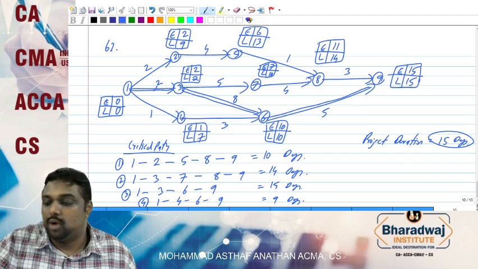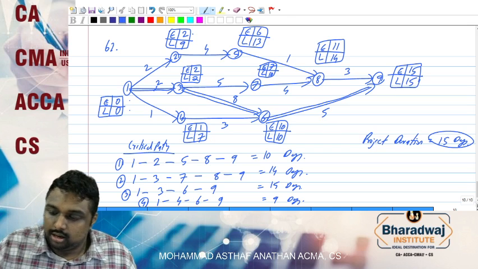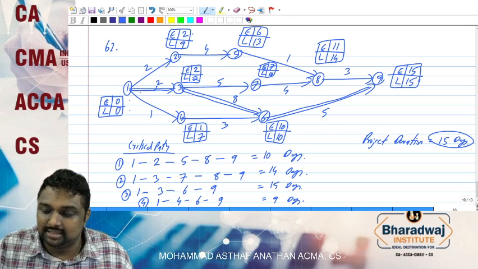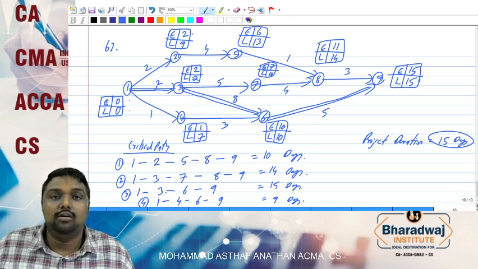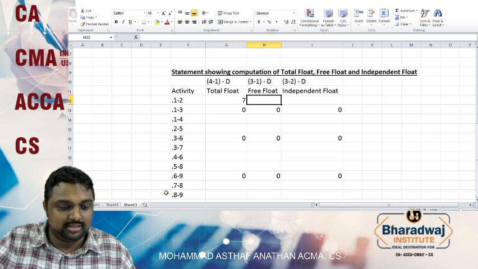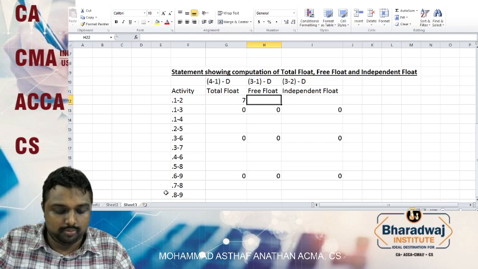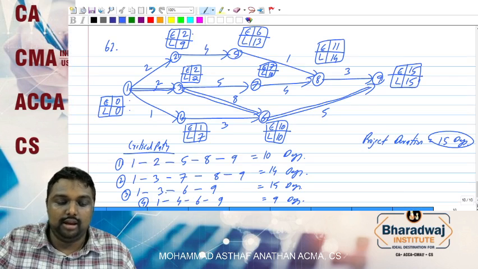First we will do for 1 to 2, 1 2 3 4. So what will come, 9 minus 0, you will have 9, 9 minus 2 you will have 7, then 2 minus 0 you will have 2, 2 minus 2 you will have 0, again you will have 0.